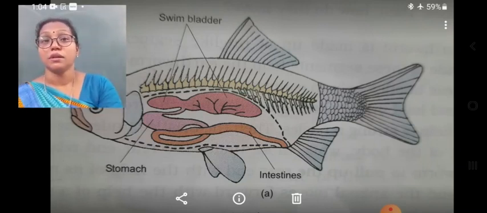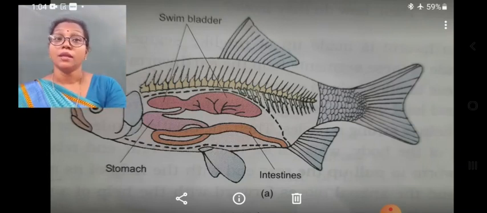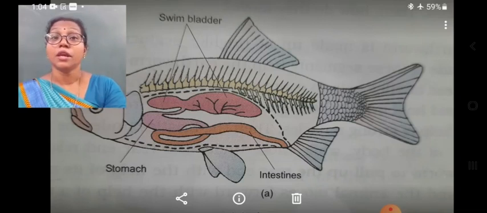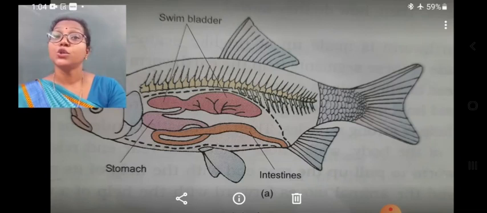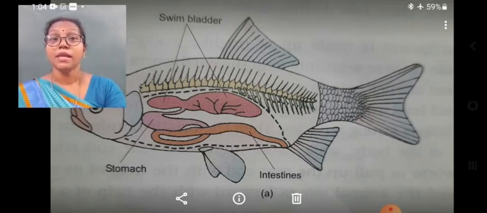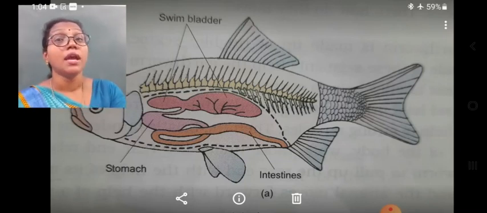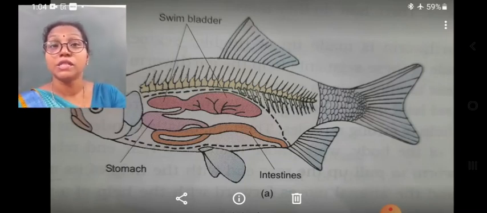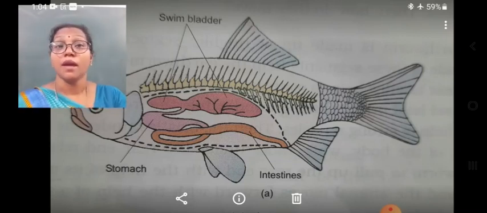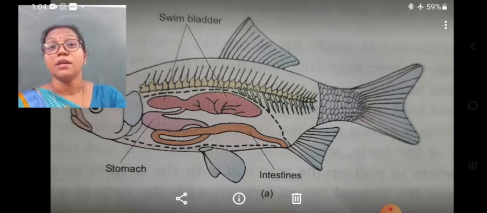And when it goes to the lower part or the bottom of the water body, the fish releases the maximum amount of air from the swim bladder. This helps the fish to move to the bottom of the water body in which it lives, and it can search for food particles, hide, or simply move to the bottom part of the water.